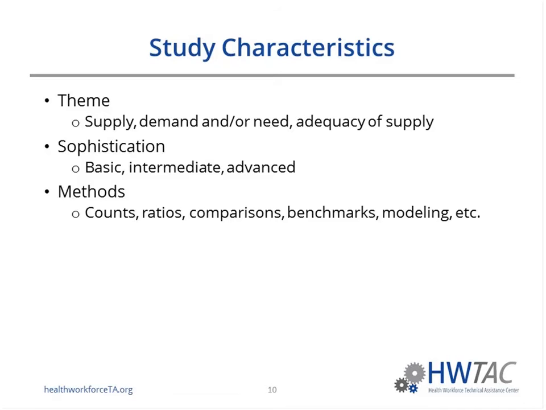And really what I'm talking about here is the types of methods you use and the types of charts and tables you present in your results. So for example, a basic study and analysis generally focuses on counts of health workers and relatively simple indicators of demand. Charts, tables, and maps tend to be based on simple counts and population ratios.